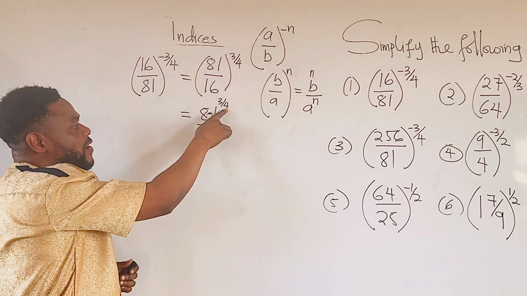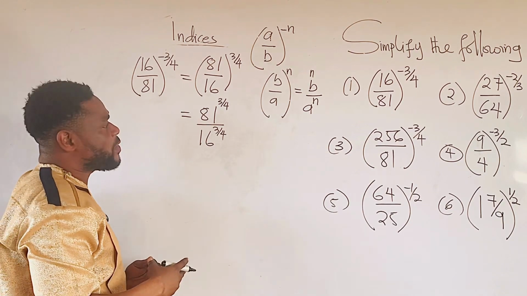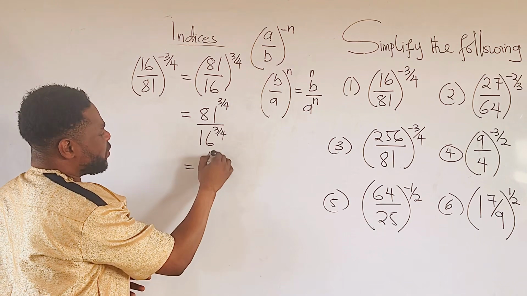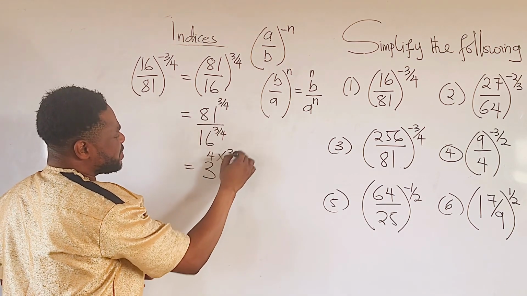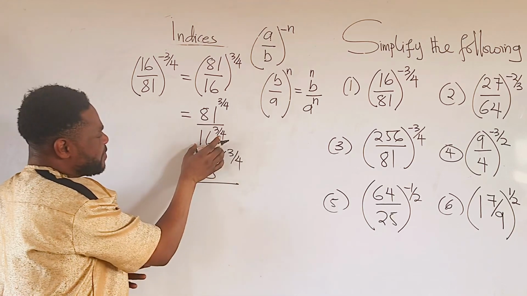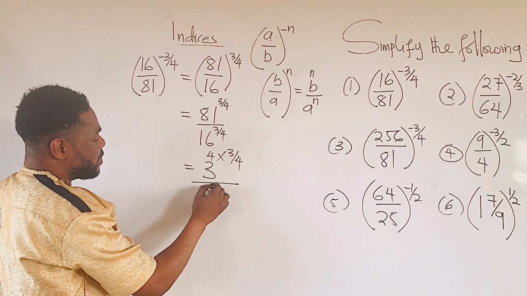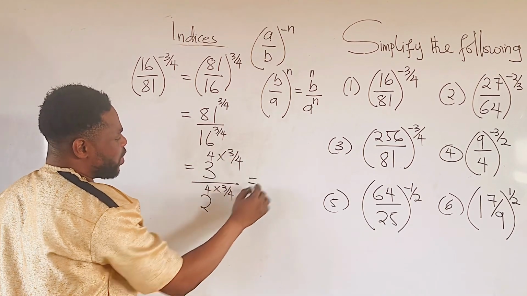Now, we use our 4 here as a determinant to find a number that will raise to the power 4 to give us 81. And we can see that 3 raised to the power 4 will give us 81, times the exponent here, which is 3 over 4. We do the same thing to the 16 here. 2 raised to the power 4 will give us 16, multiplying the exponent 3 over what? 4.